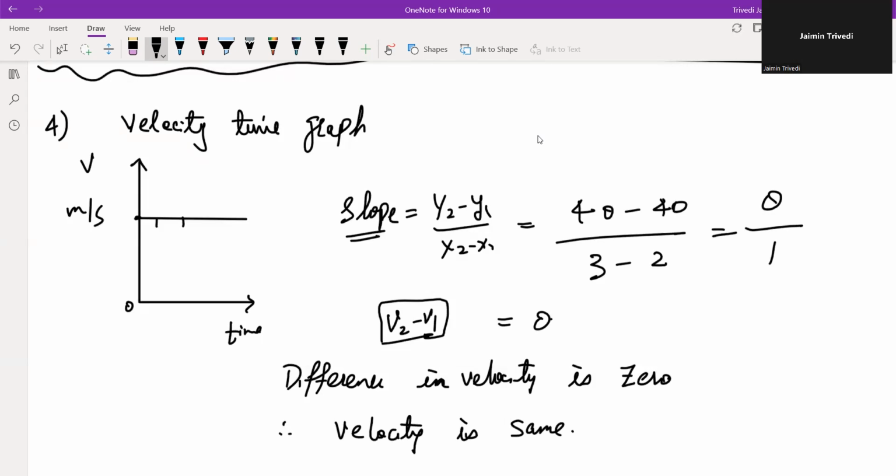When you say this point, let's take this 40. What is the coordinate of this point A?